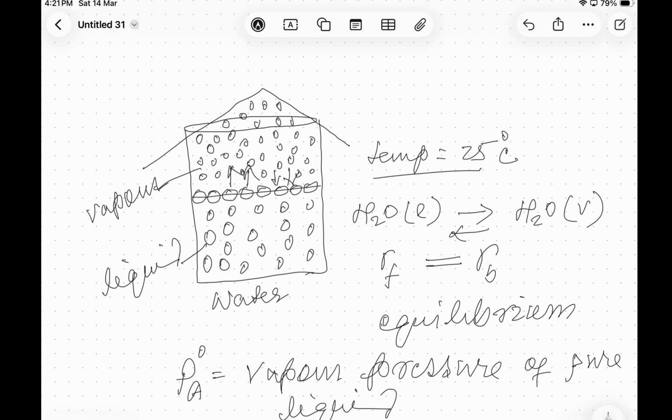Now, let us move to the second topic. What are the factors affecting vapor pressure?